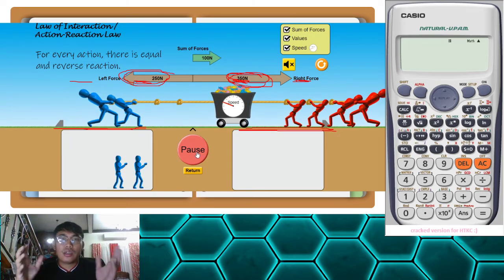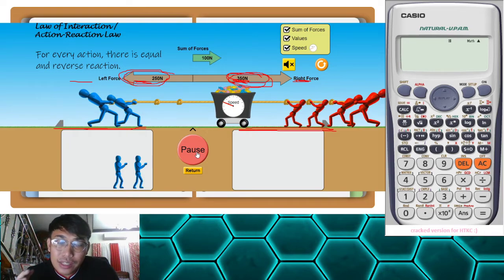Guys, as you can see, the object moves. So if it is unbalanced, the force is not equal, the action is not equal, then the object will move.